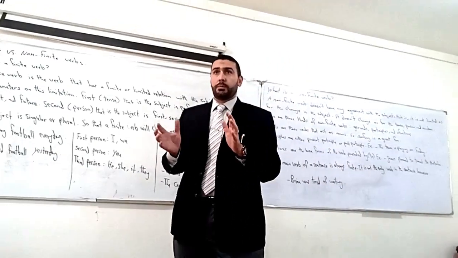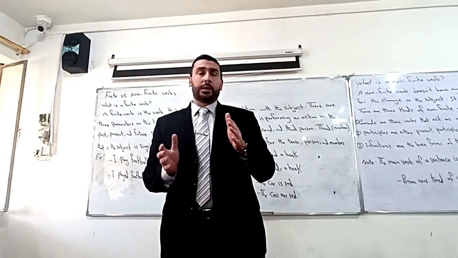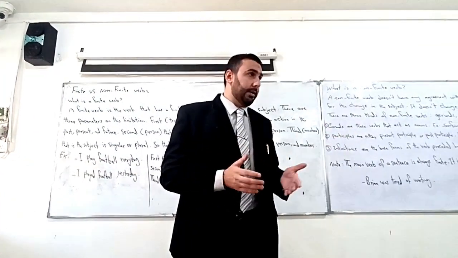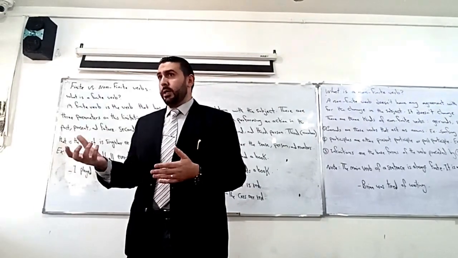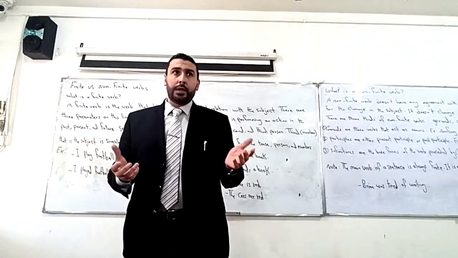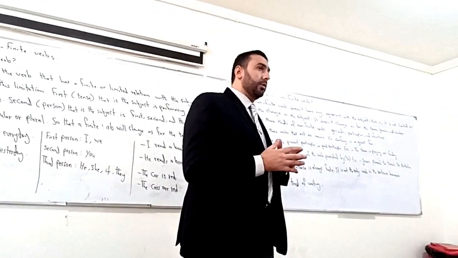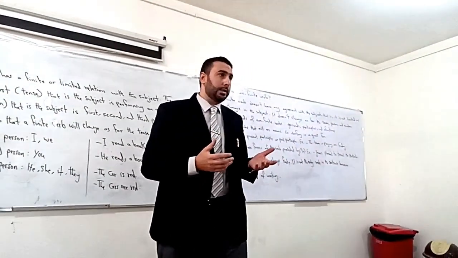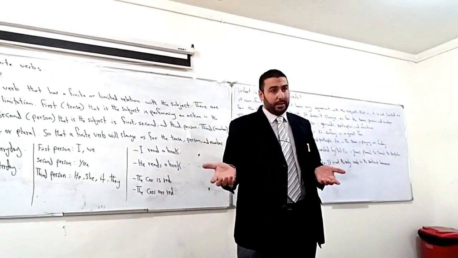So when we differentiate between verbs according to the kind of complement, we have two kinds of verbs, intensive and extensive. And when we differentiate between verbs according to the kind of object, we have the transitive and intransitive.